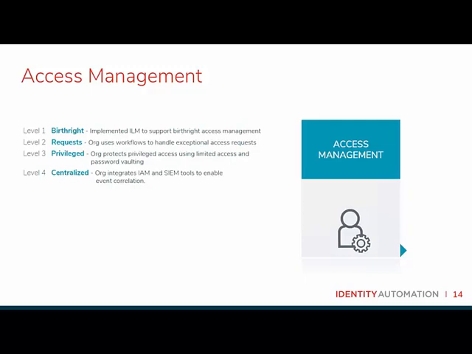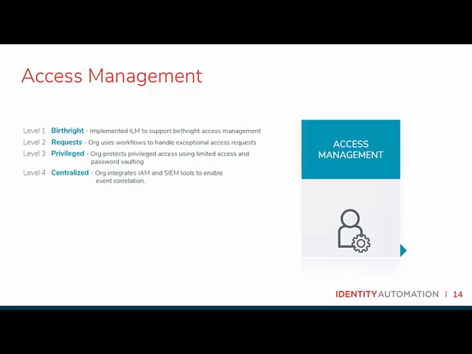But as we move into level 2, this is where we start to introduce that automated exception handling. So we're looking at ways to handle things beyond just the birthright and looking at requests. So here we can use things like workflows to make requests for exception handling. It's also here we can associate identities with entitlements.